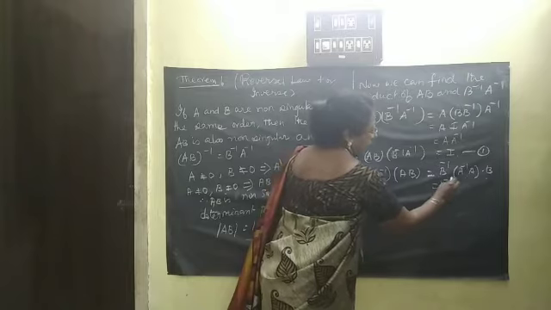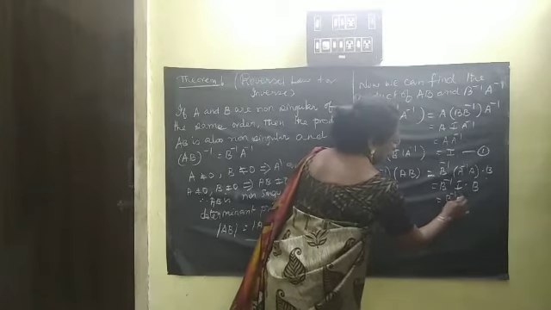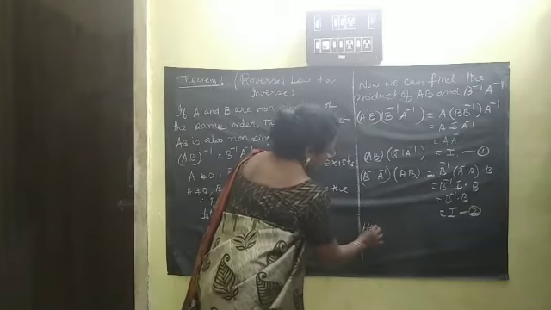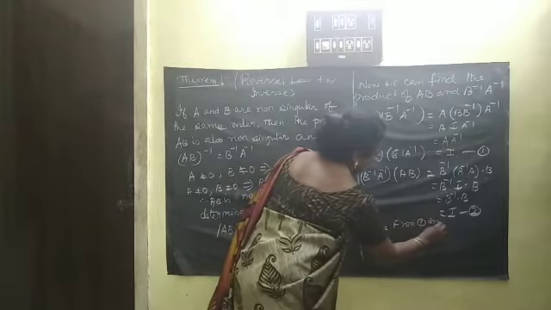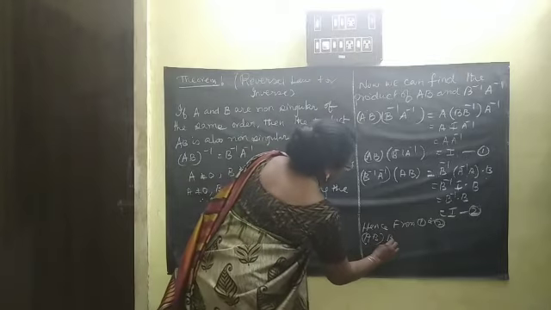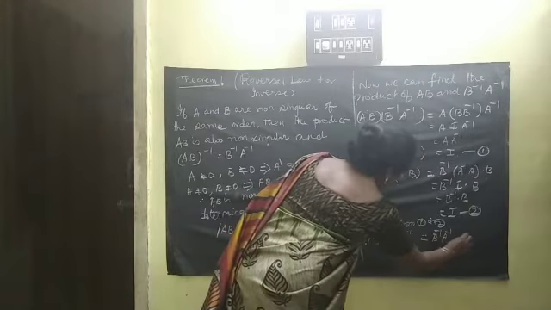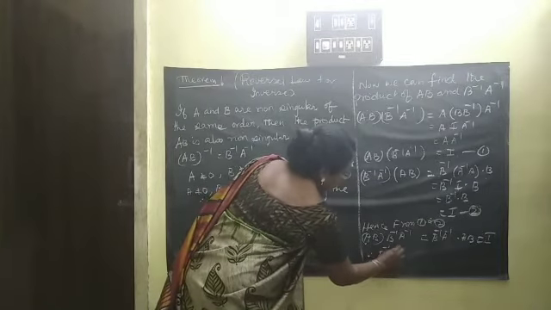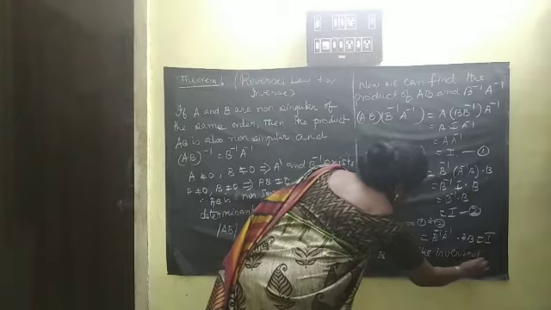Next line can be written as B inverse into I into B. So this is equal to B inverse into B. This is equal to I. Hence, from 1 and 2, AB into B inverse A inverse is equal to B inverse A inverse into AB is equal to I. Therefore, B inverse A inverse is the inverse of AB.